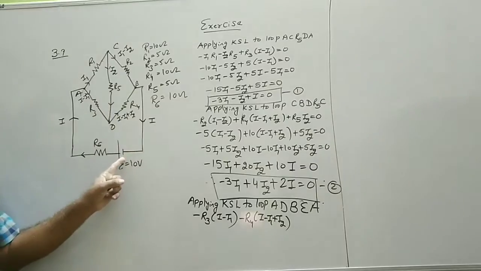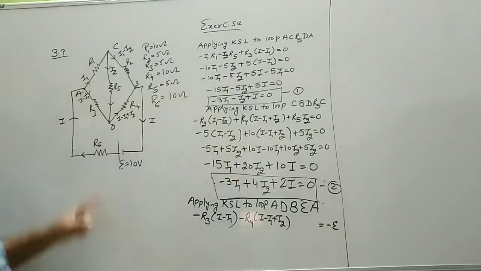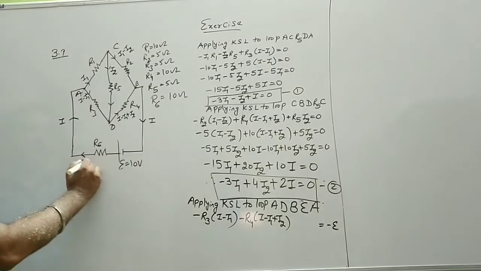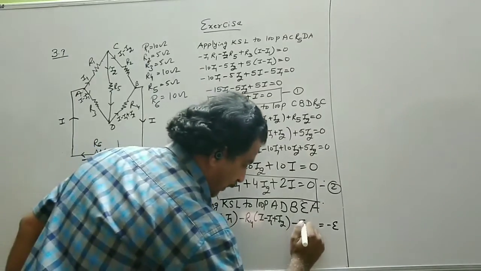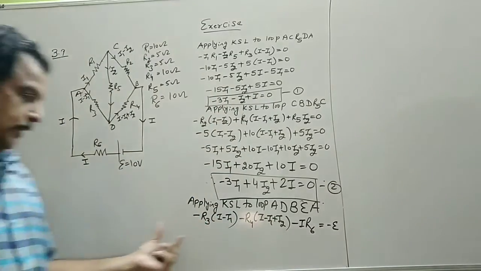Then outside we meet the first negative terminal, so minus E in the direction of current, that is I current is flowing, so minus IR6. So we have this sign.